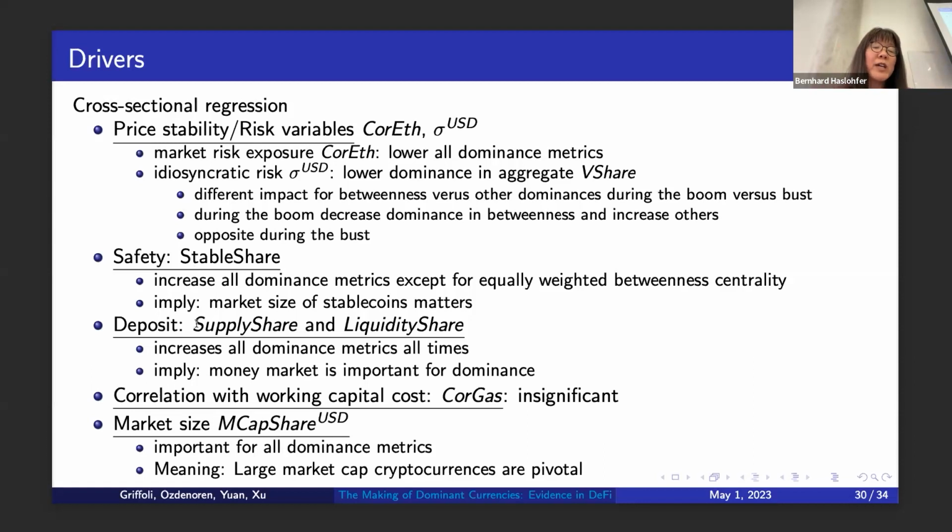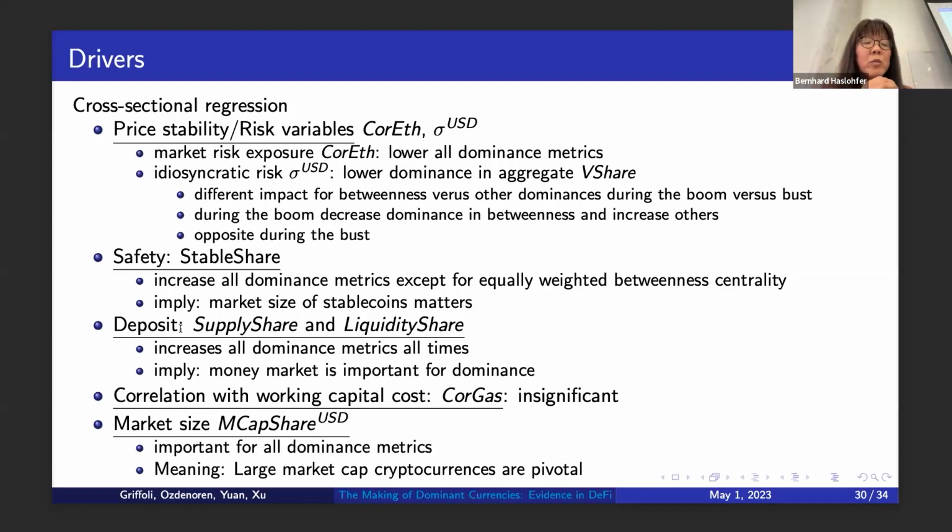And we also look at asset use as a deposit in Aave and Compound, so this is to measure the storage, the role of the money market.